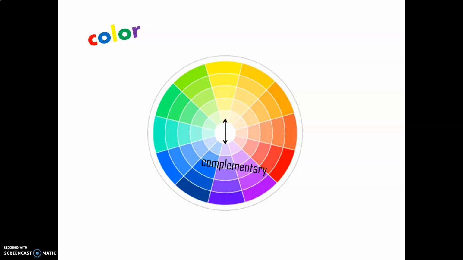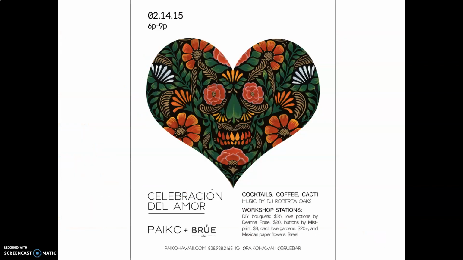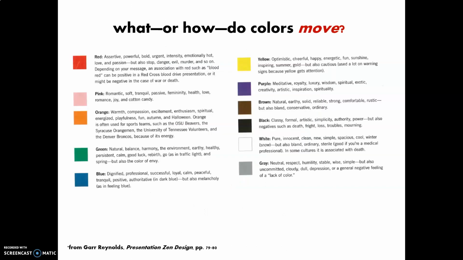So you want to use complementary colors if you really want something to pop. For example, blue and orange are complementary, and so you see the bird just pops right out of the orange background, almost like it's 3D. Here you have red and green as complementary colors, and if the face in this heart was not in complementary colors, the face would probably blend in. You wouldn't be able to see the face as well if the artist hadn't used complementary colors.